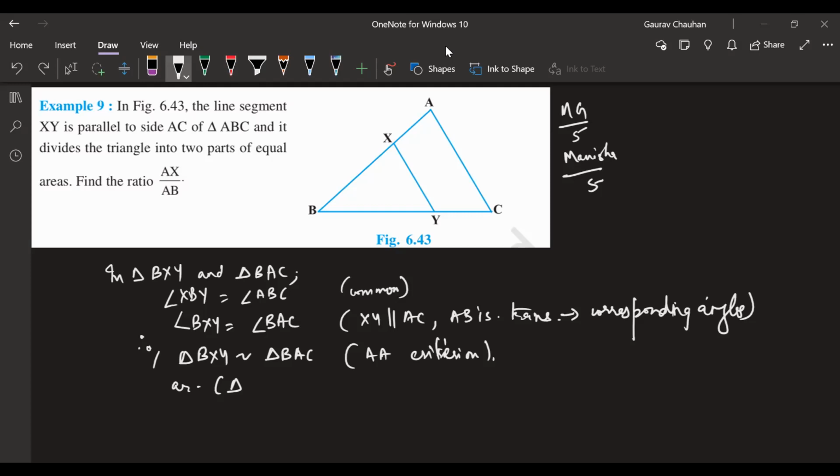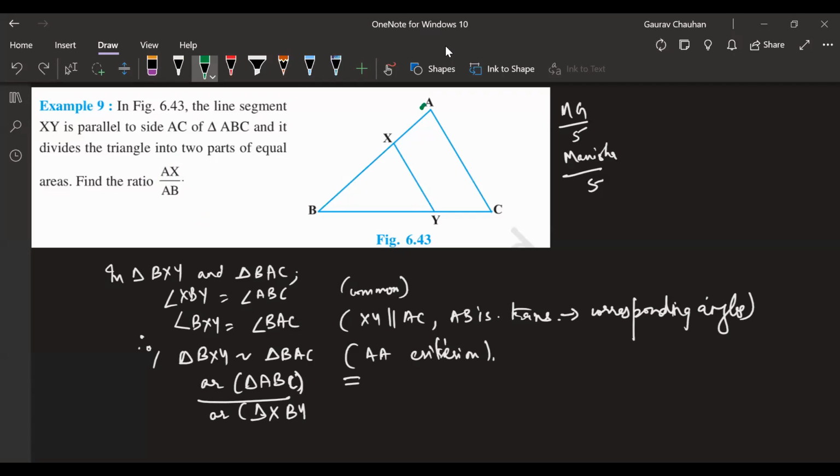Now we have area of triangle. If these two triangles are similar, I can get into talking about area now. I'm going to write area of triangle ABC by area of triangle XBY. These two triangles are similar, right? Or BAC by area of triangle BXY is equal to what by what? See, I want to get finally to this part, so I'm going to keep it as close to that as possible.